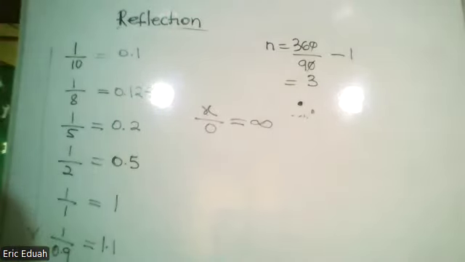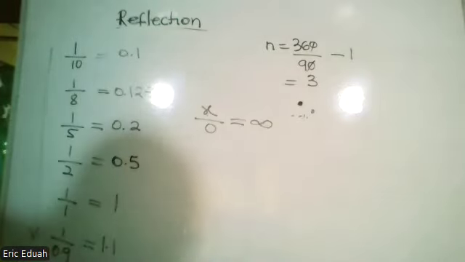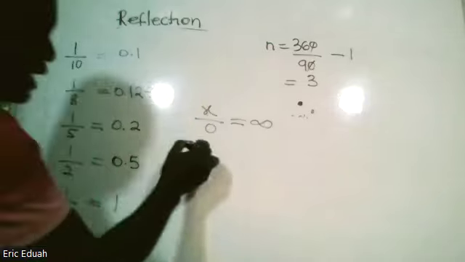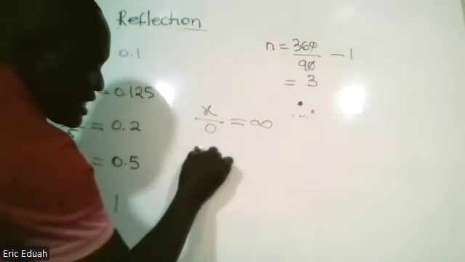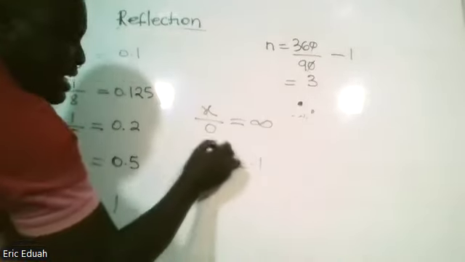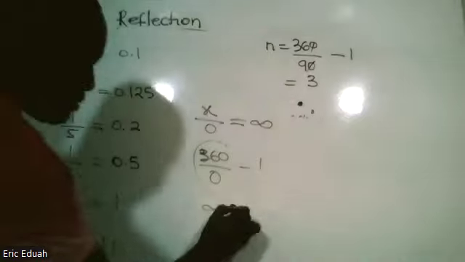Class, are you okay? So if any number divided by 0 is equal to infinity, then 360 divided by 0 minus 1, this value here is an indefinite number, infinity.